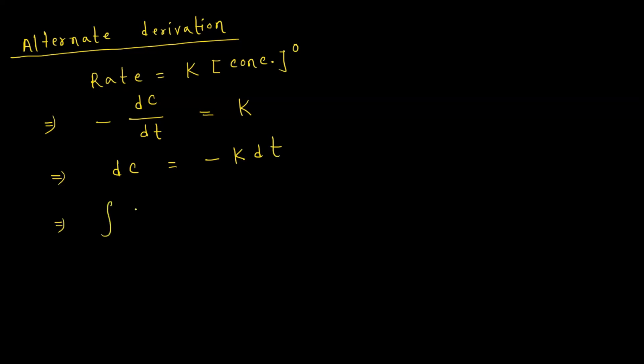Now we will integrate from initial concentration to final concentration, and time will be 0 to t. So we can write Ct minus C naught is equal to minus Kt.